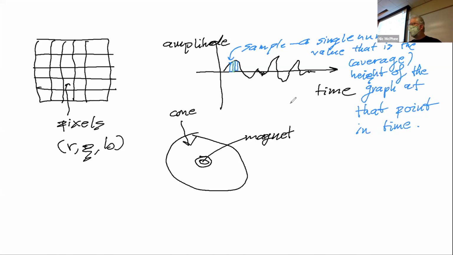Does that make sense? Questions? So a sample is like a pixel. Unlike a pixel where we have red, green, and blue, so we have 3 numbers attached to it, with a sound sample, there is just a single number, which is the amplitude at that point in time. Okay.